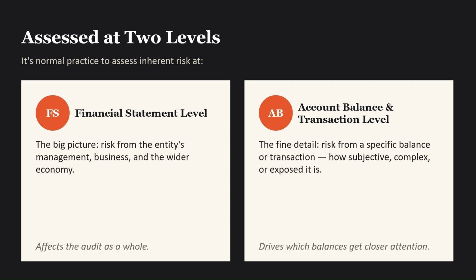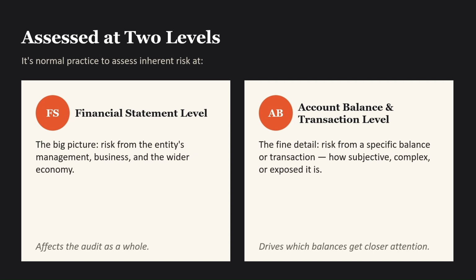It's standard practice to assess inherent risk at two distinct levels, and it's really important not to mix these up. The first is the financial statement level. This is the big picture. It captures risk arising from the entity's management, its overall business model, and the wider economy.